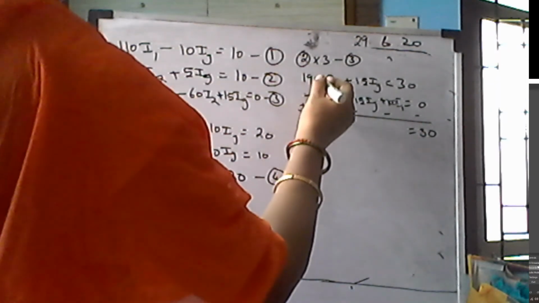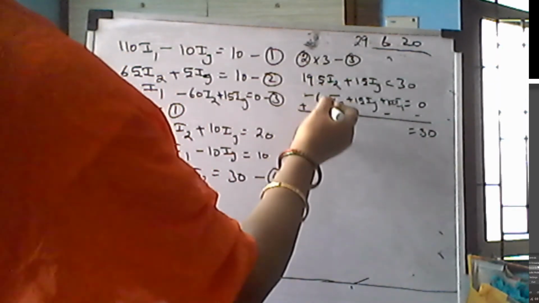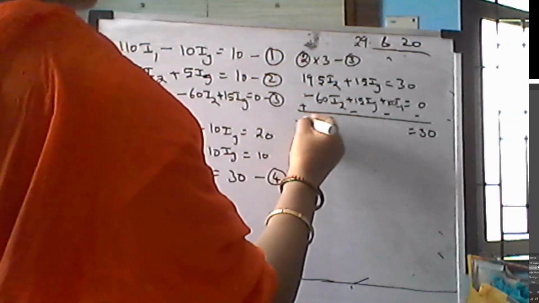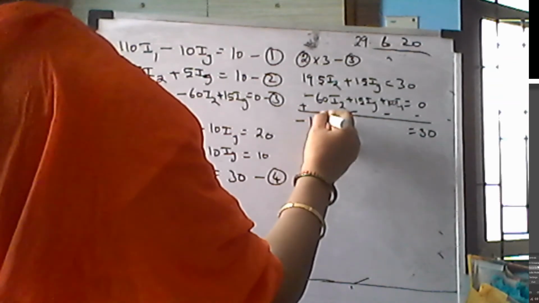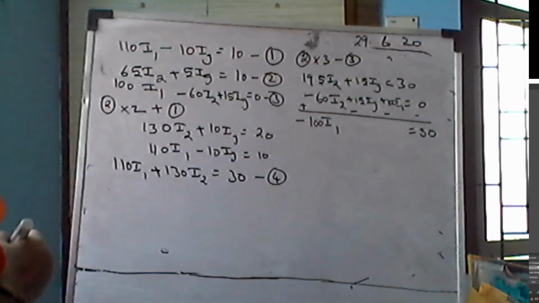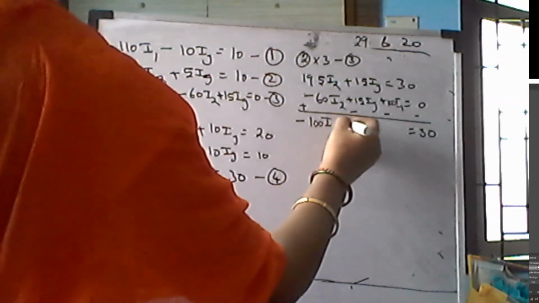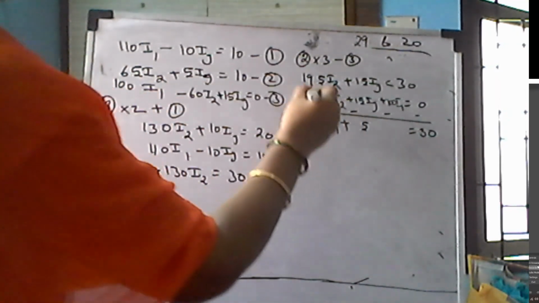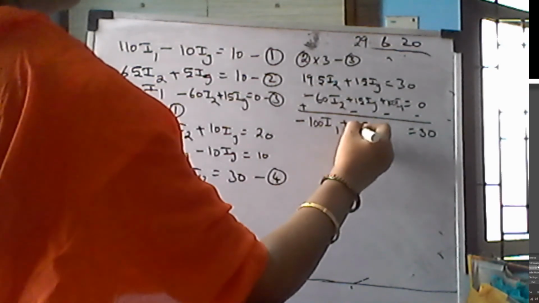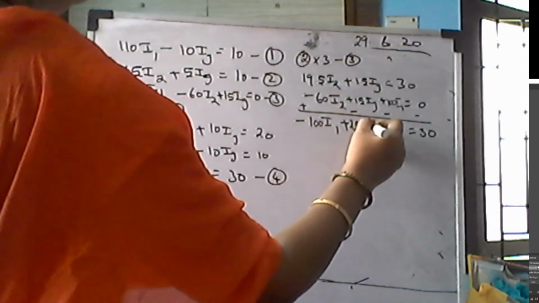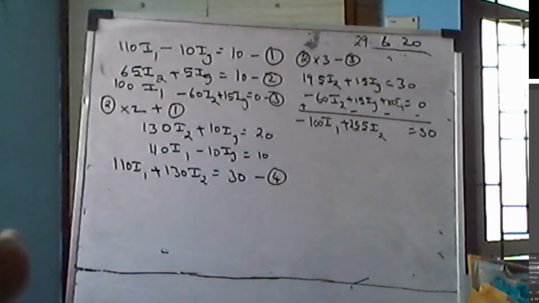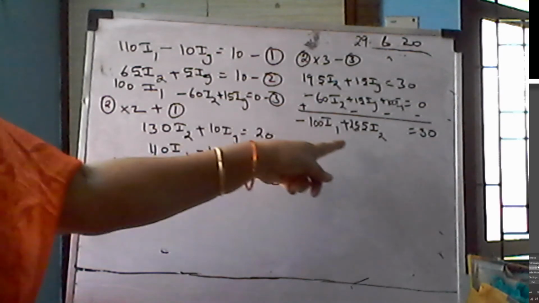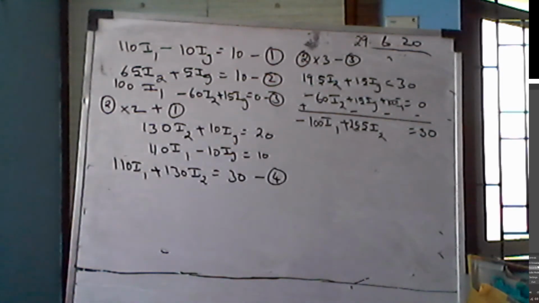And here this is 195 plus 60 I2, and here it is minus, so minus 100 I1, so 255 I2 is equal to 30. Minus 100 I1 plus 255 I2 is equal to 30 you are getting.